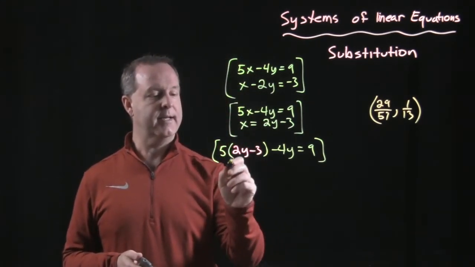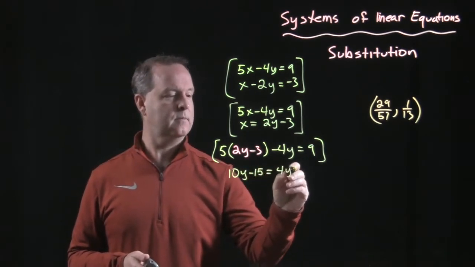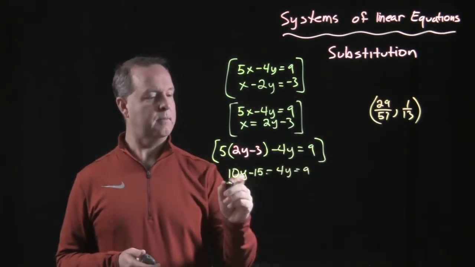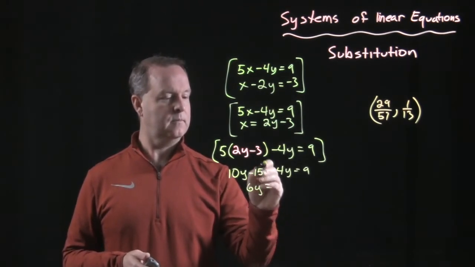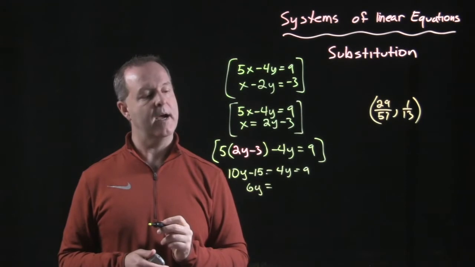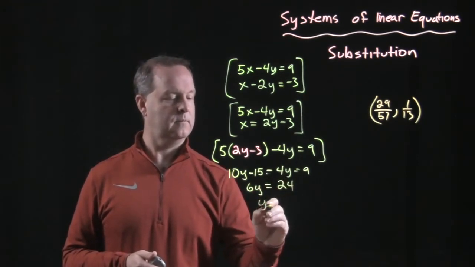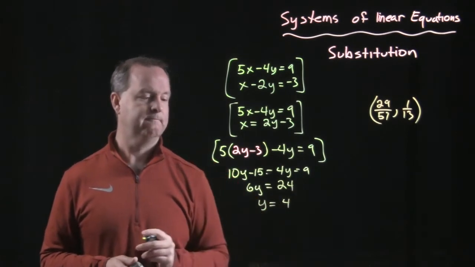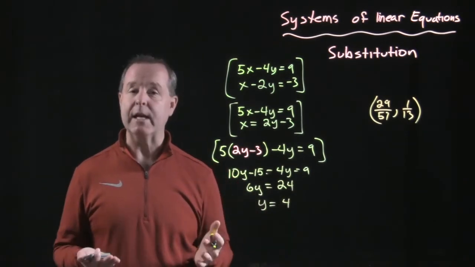If I were to reduce that down, combine terms, add 15 to 9, I get 24. If I solve that down, notice that y equals 4.